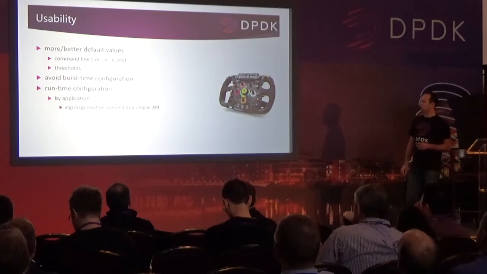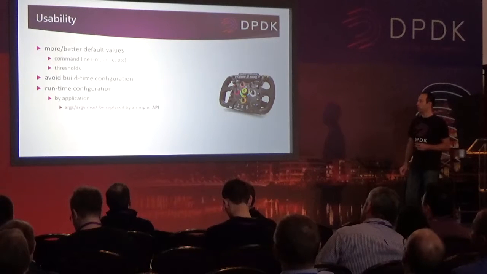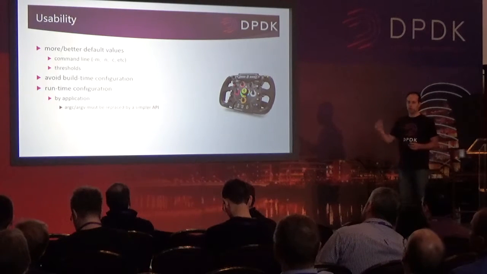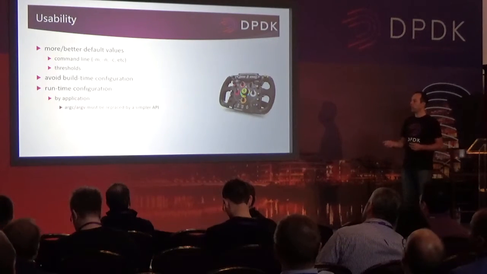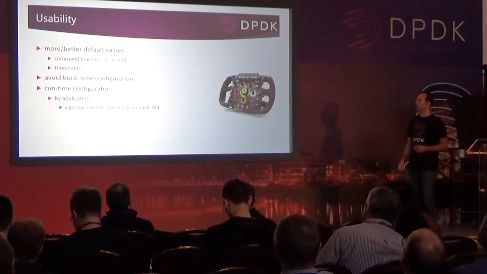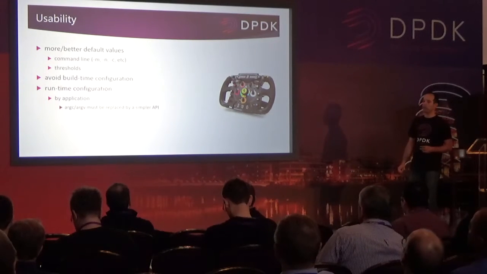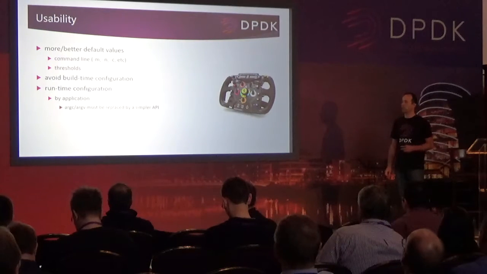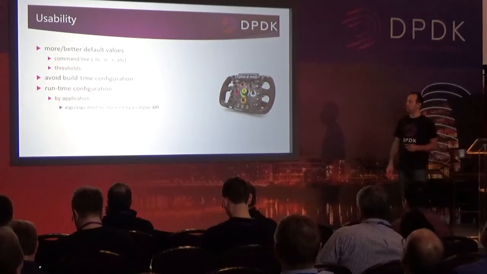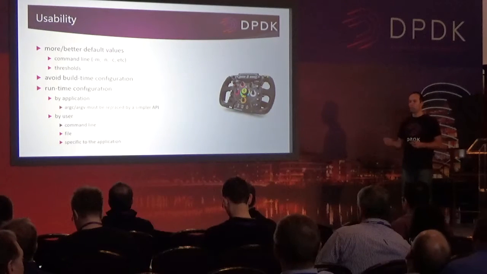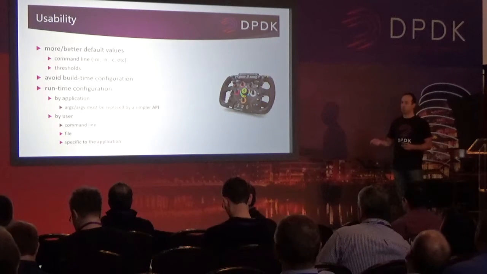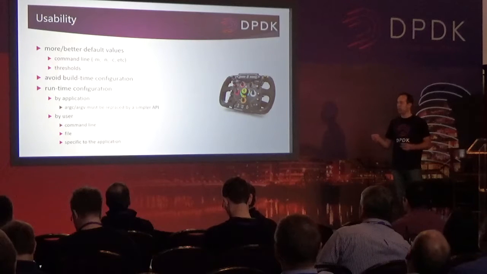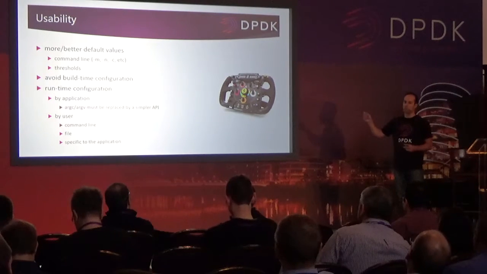How can we configure DPDK at runtime? We can configure it from the application with some API. Currently, we have an API based on rte_eal_init, and everyone knows it's a wrong API. We have to work on it and have more functions to configure DPDK. But we can also configure DPDK from the command line. Here it's not the application which is configuring DPDK, it is the user.